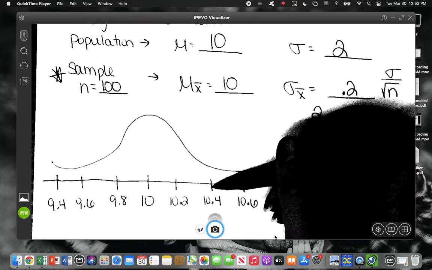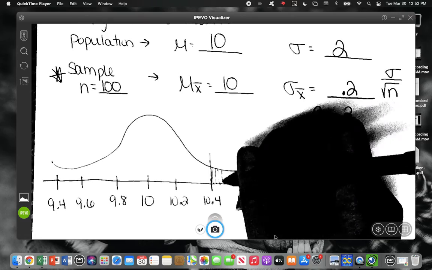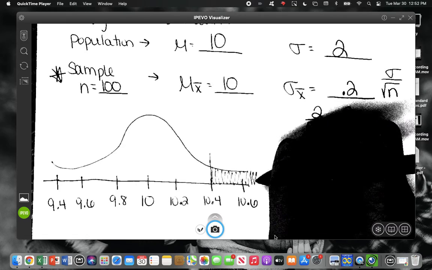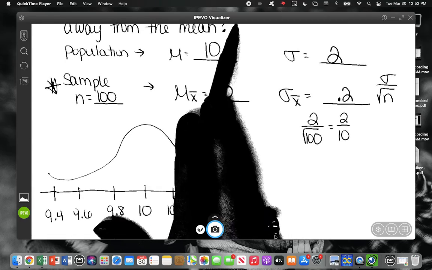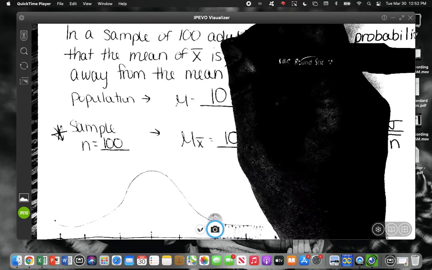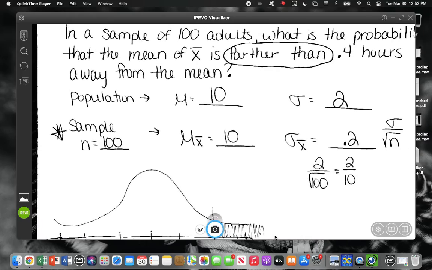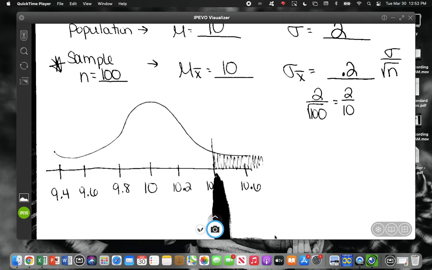So this is 0.4 away from the mean. So would you guys agree that any of these areas would be farther away than 0.4? It also would be the other way. So whenever you read this question, it doesn't say more than or less than, it just says farther than. So whenever you see this farther than, you have to think of both directions. So this one is 10.4 and above.